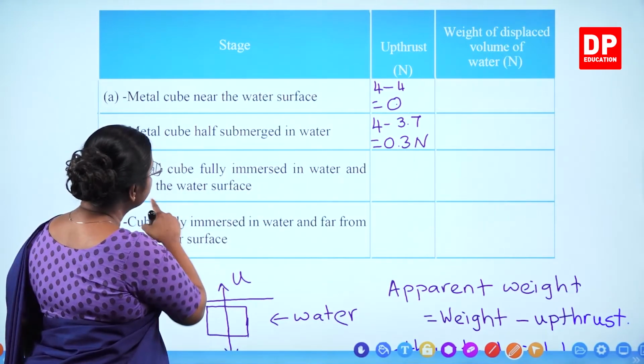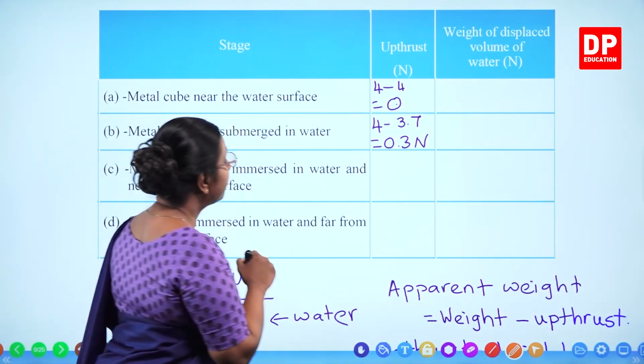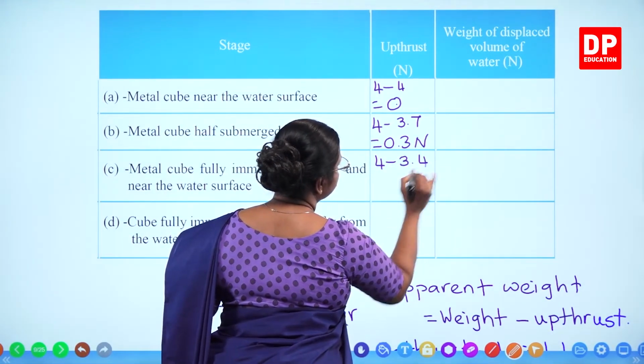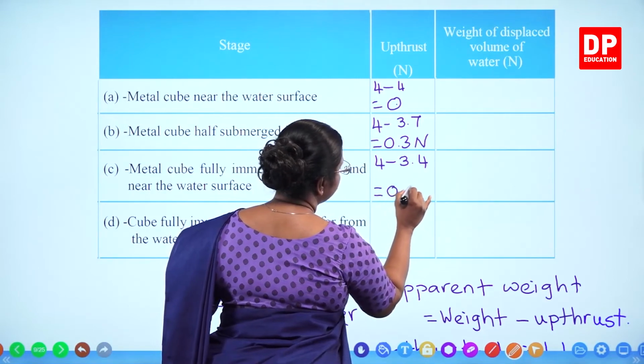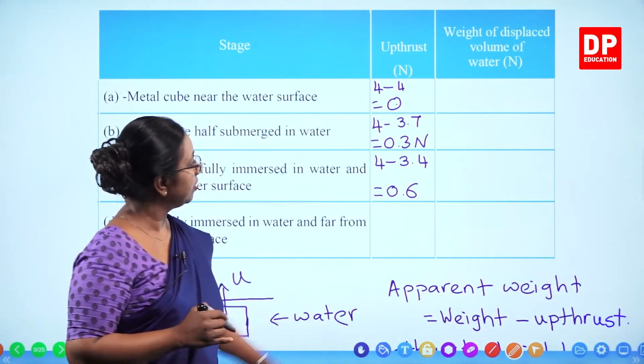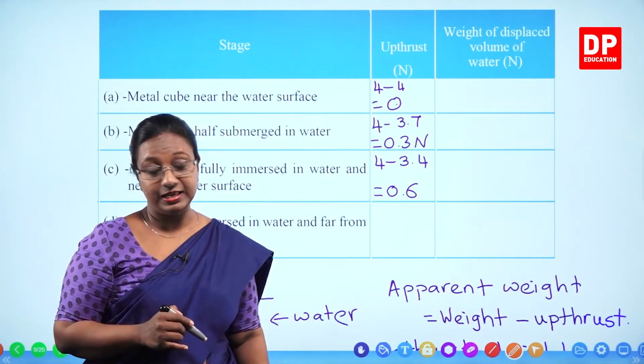Metal cube fully immersed in water and near the water surface. So, there what happened? 4 minus 3.4. That was equal to 0.6. You don't really have to write Newton, although I have written it here because it's given with the heading.